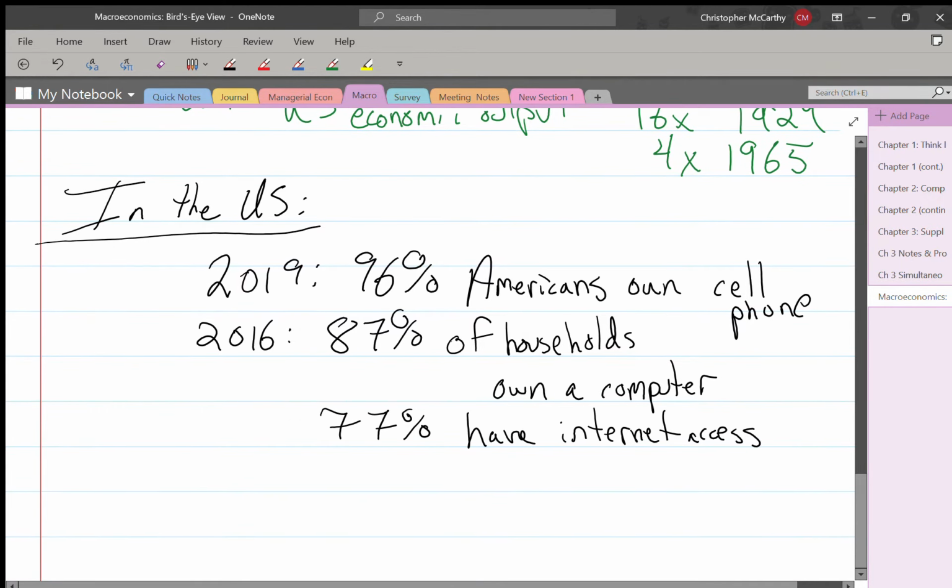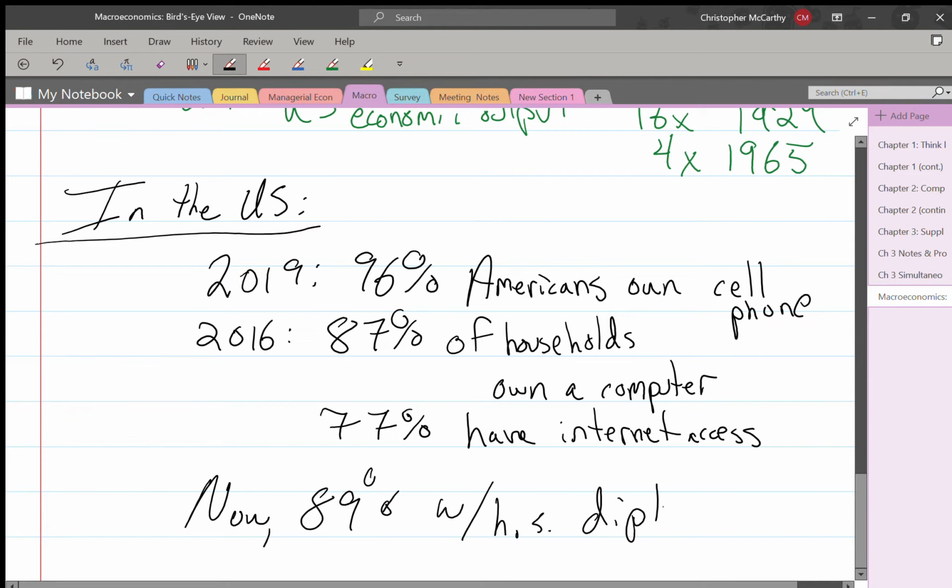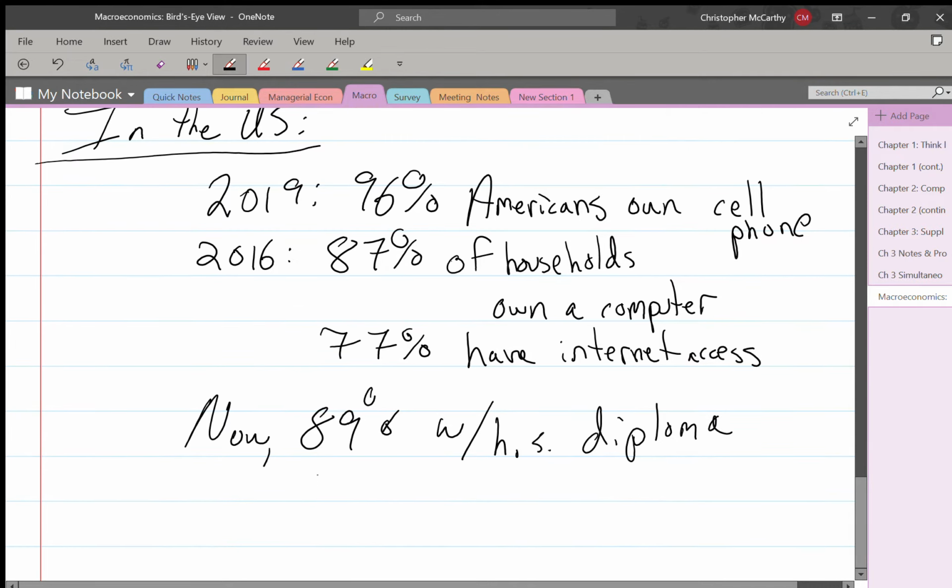And sometimes this increase in the goods and services production, the goods and services consumption, is accompanied by an increase in other things, like our knowledge, like our skills. So in the United States nowadays, we've got 89% with a high school diploma, compare this to 41% in 1960.